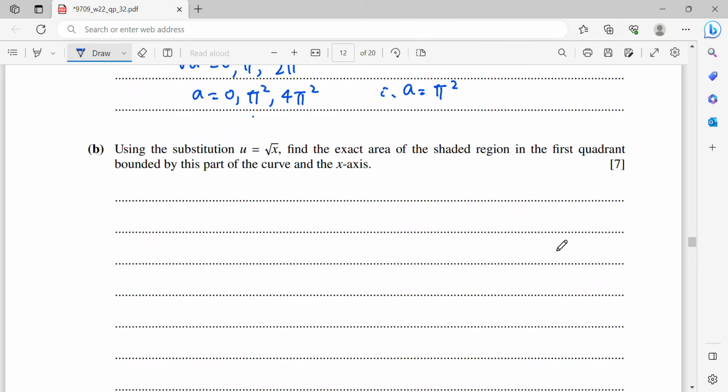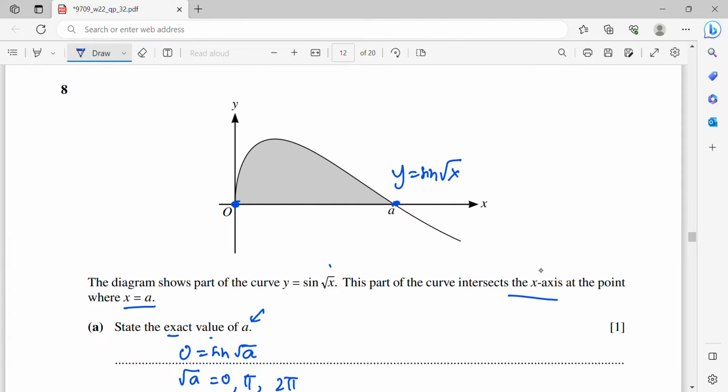Now b, using the substitution u equals square root x, find the exact value of the shaded region in the first quadrant bounded by the part of the graph and the x-axis. So from here, the area of the region is counted from x equals 0 until x equals a.